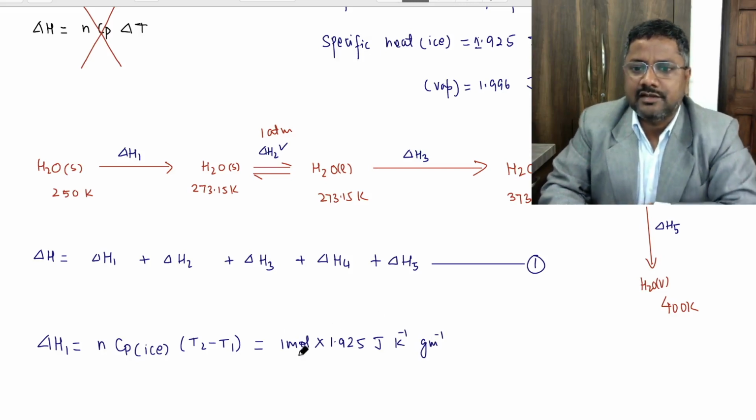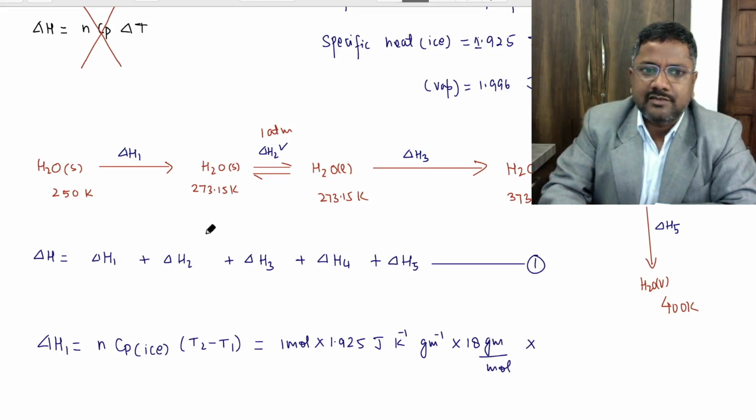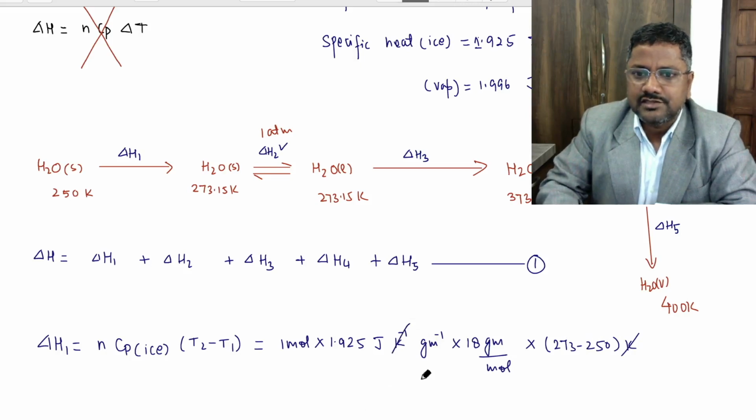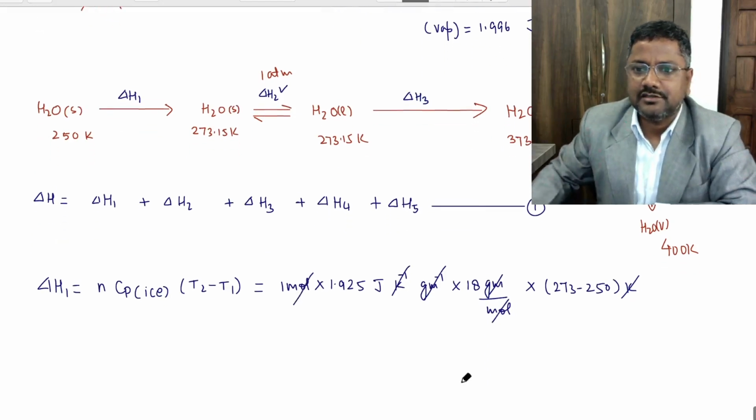But here this is given in moles. So what to do? This is water, so multiply this with 18 grams per mole, right? And T2 minus T1, 273 minus 250 Kelvin. So Kelvin to Kelvin cancel, gram to gram cancel, mole to mole cancel, right?